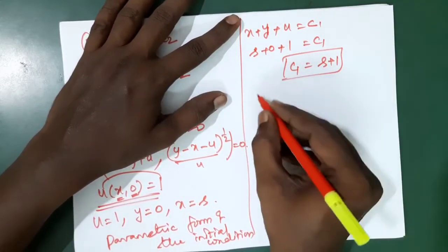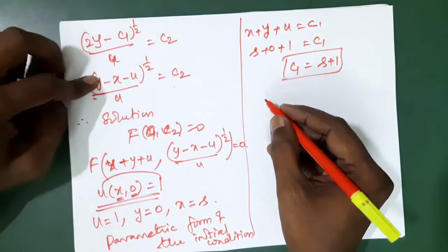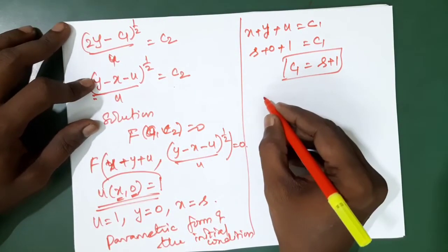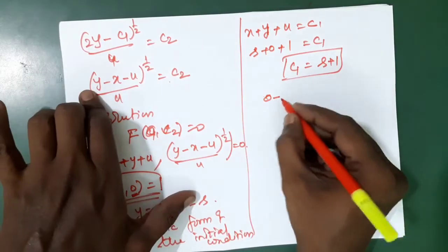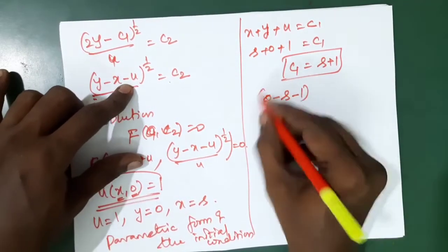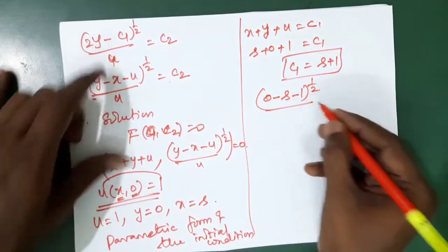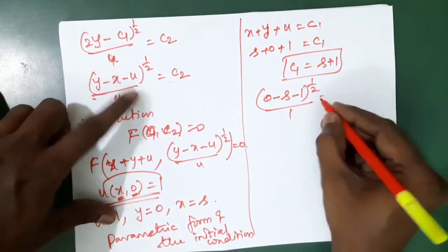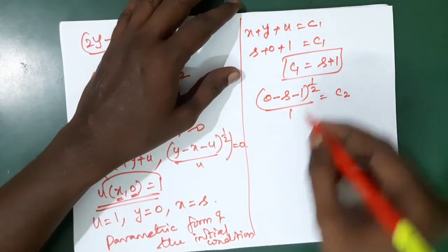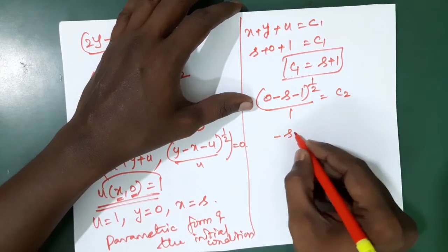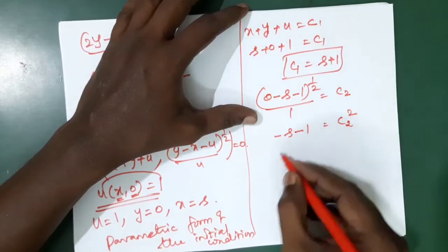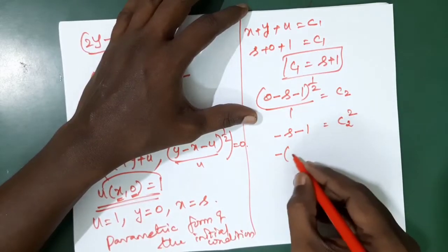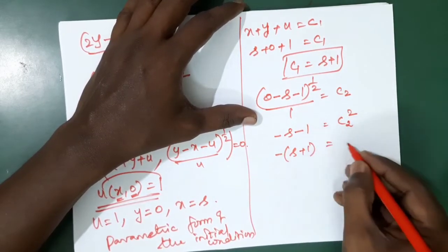From the second solution, you can substitute y is equal to 0, (minus s minus 1) whole to the power 1 by 2 divided by u, which is 1, is equal to C2. Here minus s minus 1 is equal to C2 square. So minus of s plus 1 is equal to C2 square.